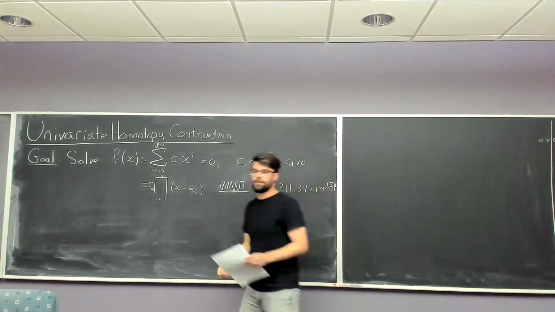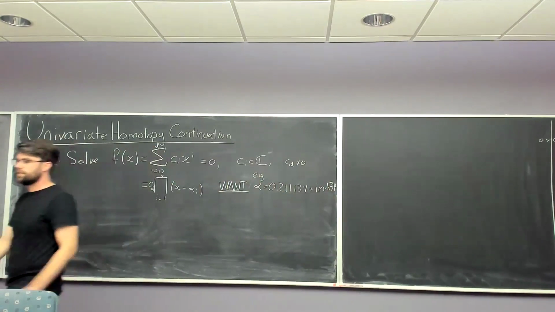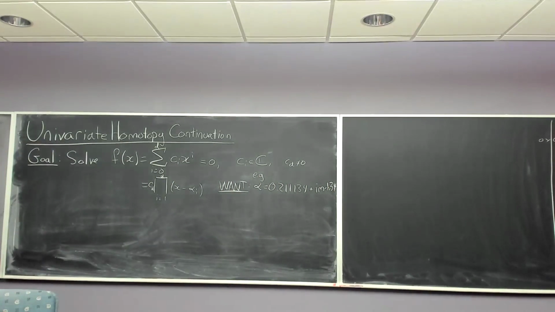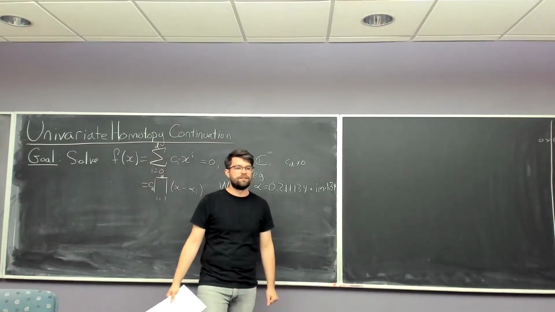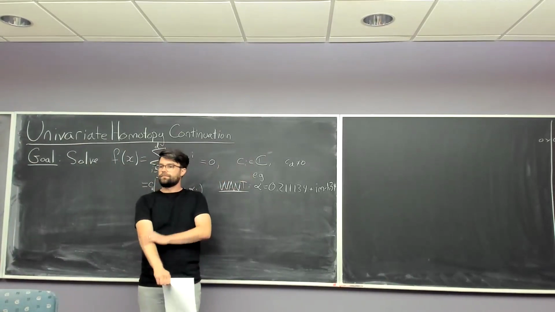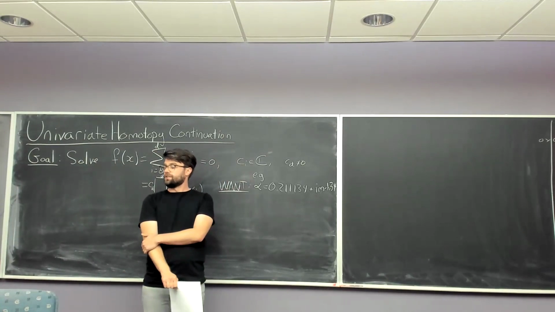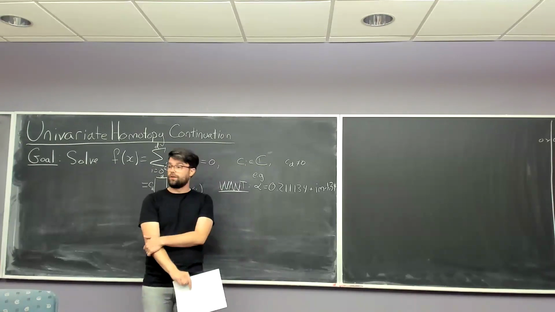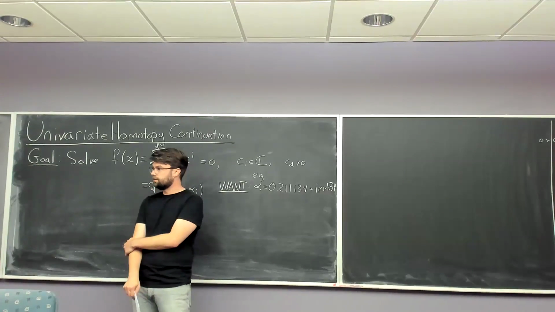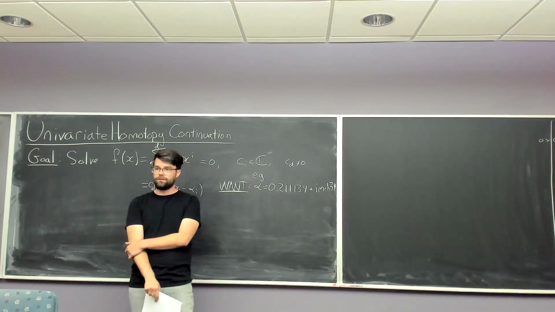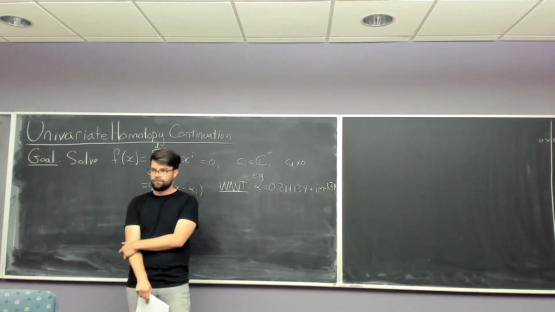So some decimal expansion up to some number of significant digits, and of course, the more the better in many instances. Okay, so that's what we mean by solve, and that's the goal of homotopy continuation: get good approximations of the roots of a univariate polynomial, where good is totally being swept under the rug.